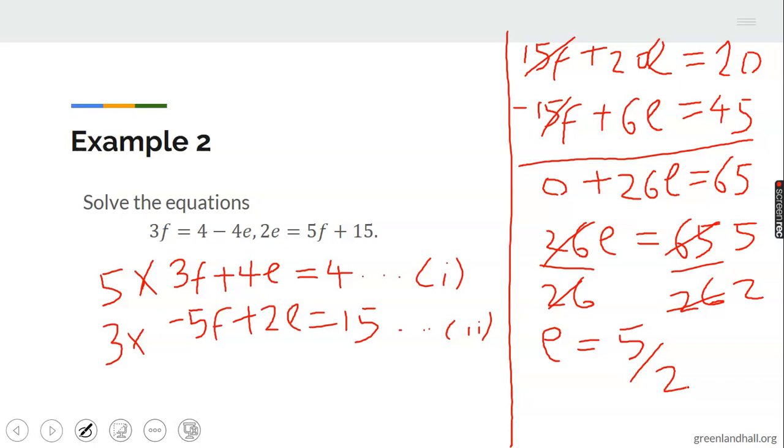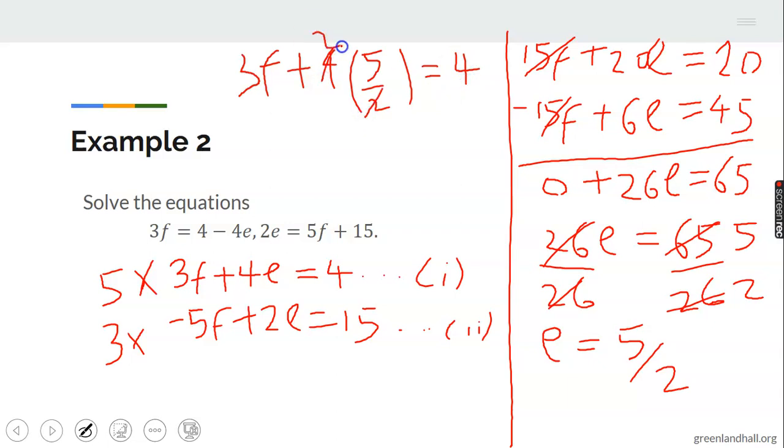So, I'm using equation 1. That will be 3f plus 4, so into 5 over 2, equals 4. This is 4, this is 2, so you can cancel.